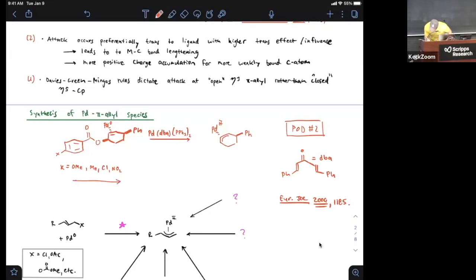The more electron poor the benzoate is, the better leaving group that should be, and the faster this oxidative addition should go. And I think if I remember right in this paper, actually the methoxy case is so slow that there's essentially no reaction under the reaction conditions that they test.